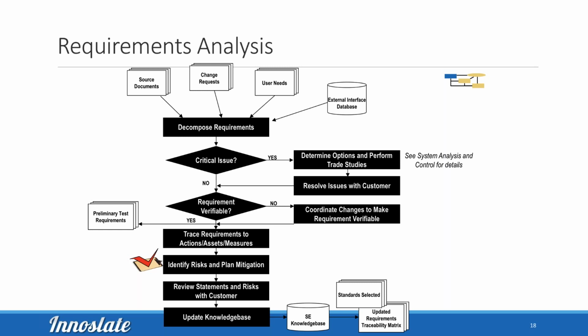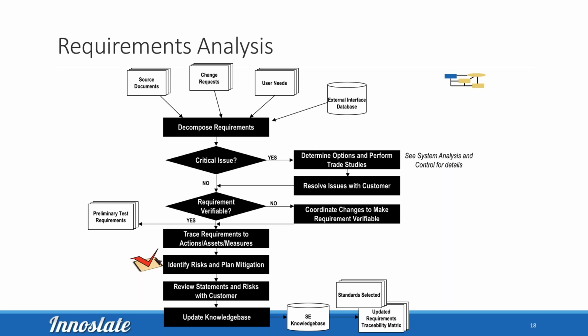But it shows you the basic flow, starting with your source documents, your change requests, user needs, anything like that, any external interface databases. You can now decompose these things as requirements. You can identify critical issues. If something in one of these requirements is going to cause difficulties, you may want to go off and do some trade studies and resolve those issues with the customer.